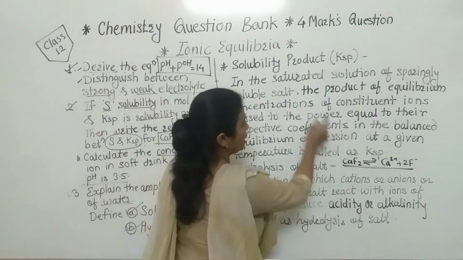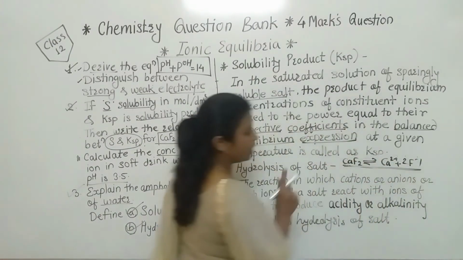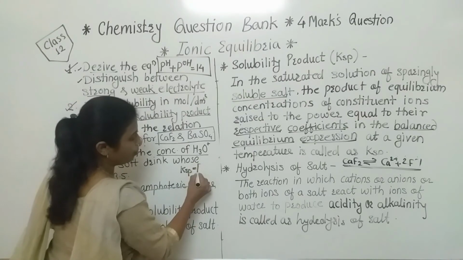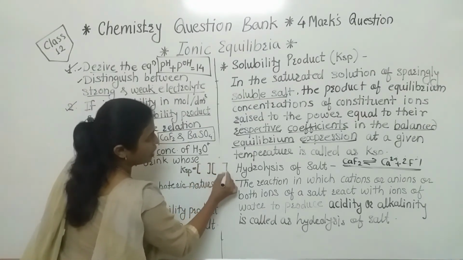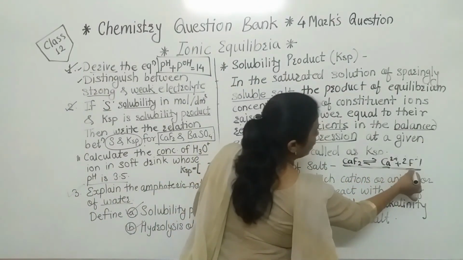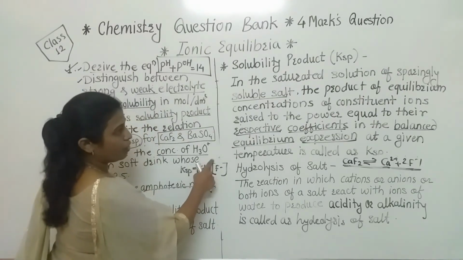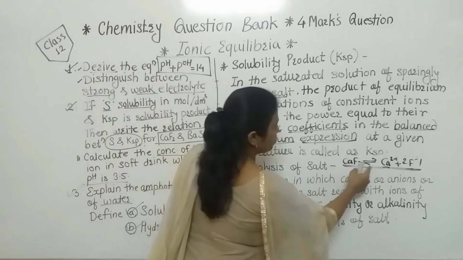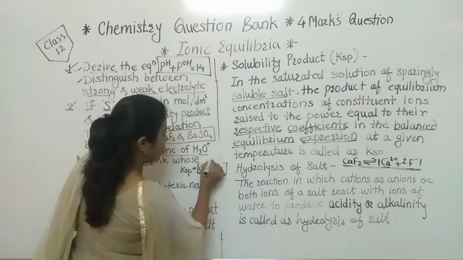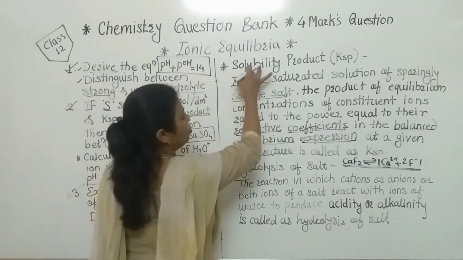From that equation we can write the definition. KSP is nothing but the product of equilibrium concentrations of constituent ions, meaning one cation and one anion, each raised to a power equal to its respective coefficient. So for Ca2 plus the coefficient is 1, so we write 1. For F minus it is 2, so we write 2, and that is the solubility product.